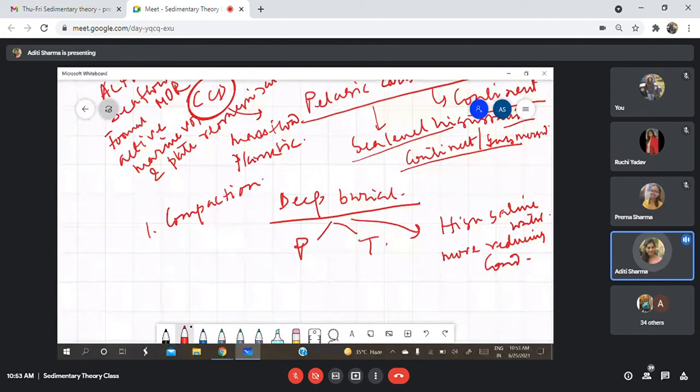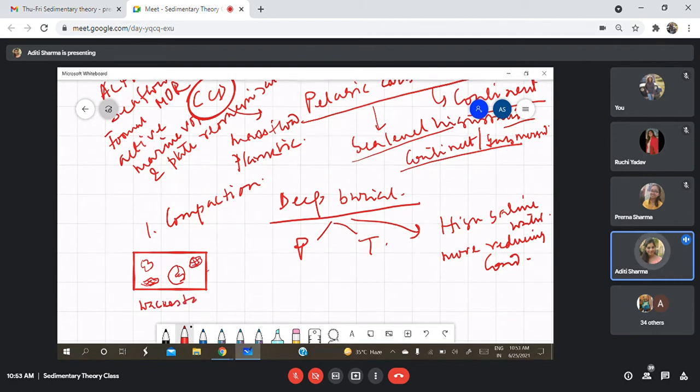Suppose I have a carbonate. So this is what we call the wackestone.